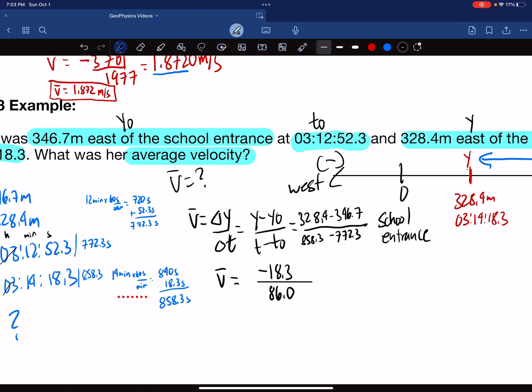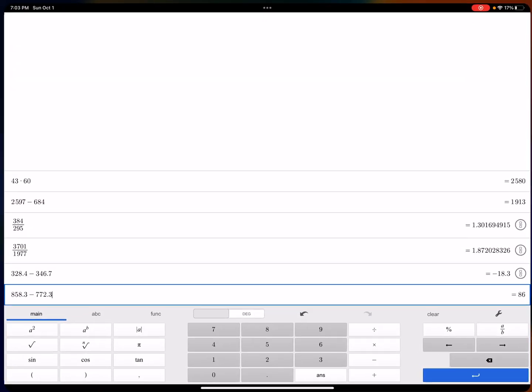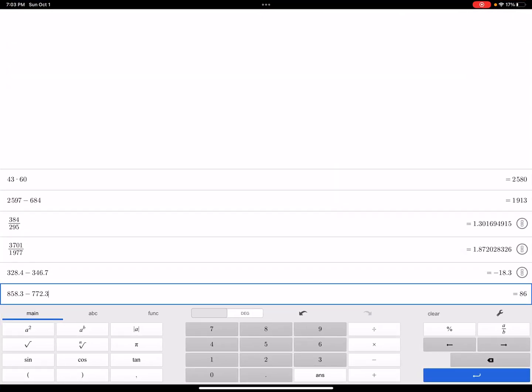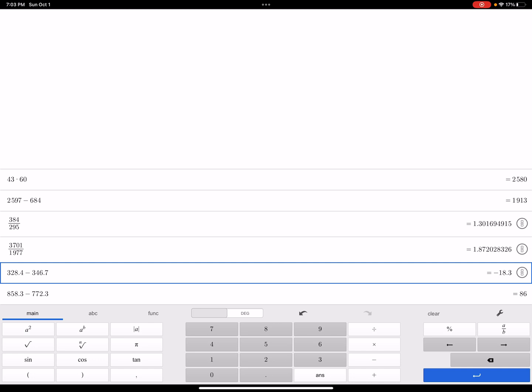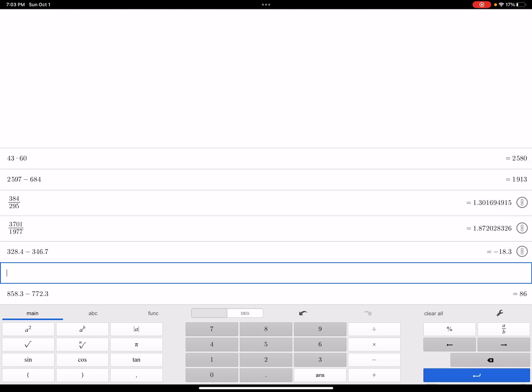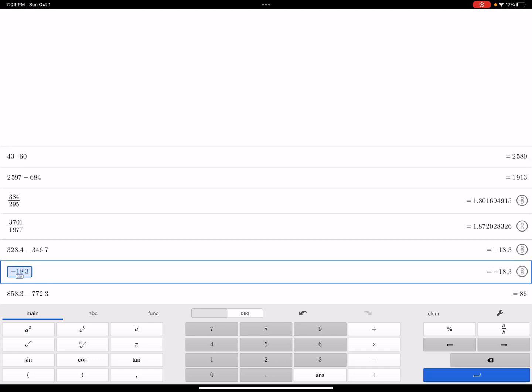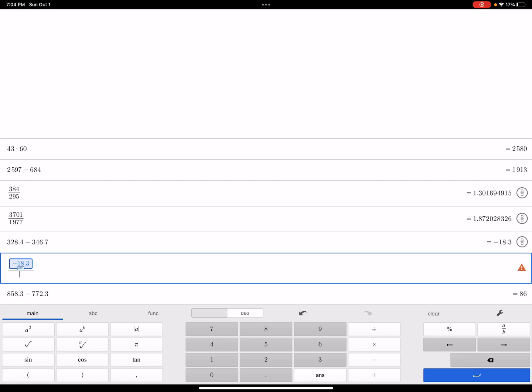So we have our numbers substituted in, and now we can calculate our answer. And this is a beautiful thing we can do with Desmos, is we can click on this one up here, and we can hit enter, and then we can hit answer divided by 86. Type in that other number.